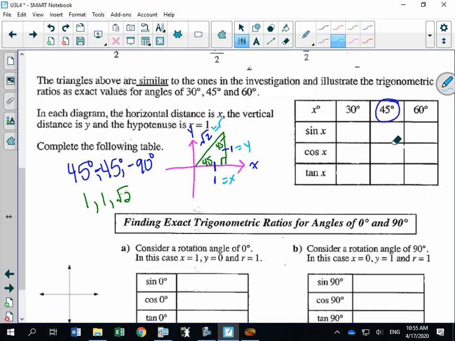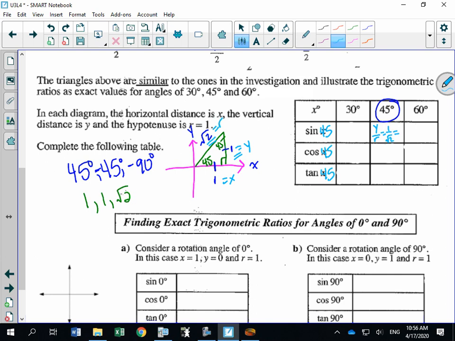Now see if you could fill in this. Without looking at your last page, see if you could do this. So what would the sine of 45 be, the cos of 45, and the tan of 45? Remember that sine is 7 yellow rabbits. So the sine of 45 degrees would be 1 over root 2.